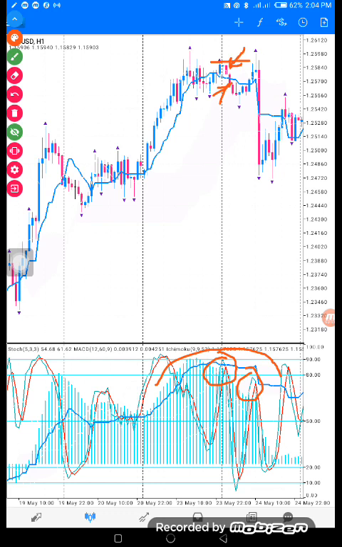Wait for the first candle before you enter any trade like this. You have to wait for the first candle to open and close bearish, since it's a bearish position you want to enter, since you want to sell, as it is a sell setup. Wait for the first bearish candle to open and close bearish before you enter on the next candle, then hold your trade, and place your stop loss above the first bearish candle.